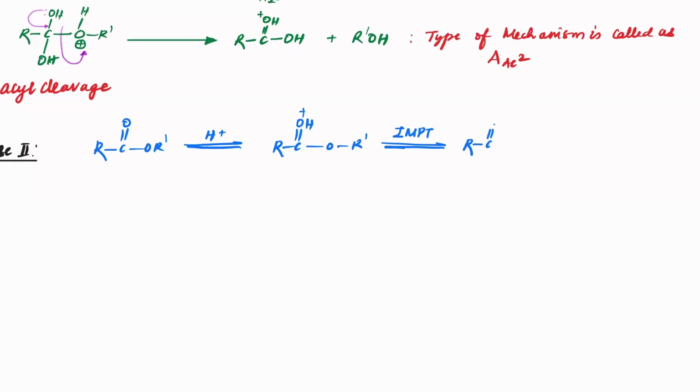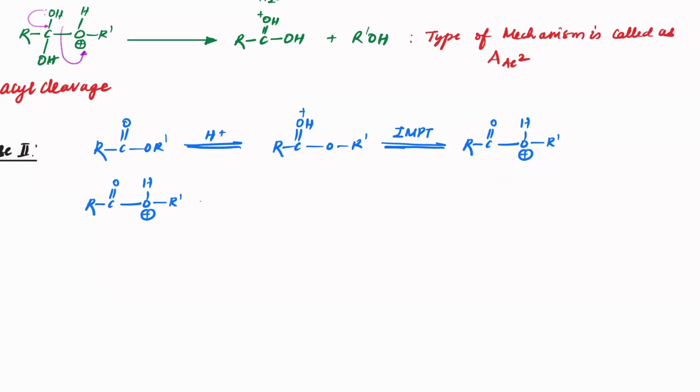You'll get this as RC double bond O and R dash, and that hydrogen will appear here with a plus charge.